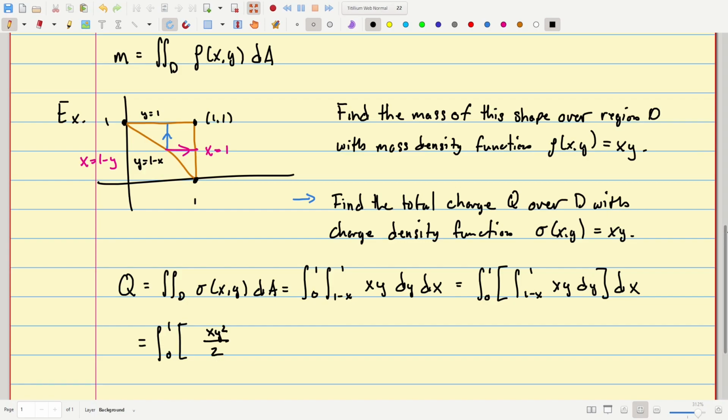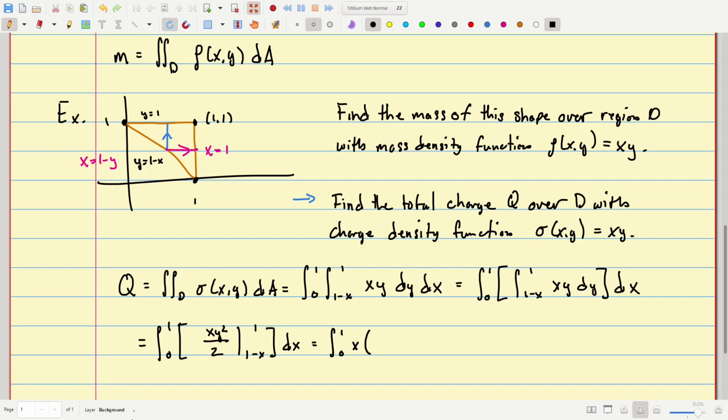There are many ways to write this expression, but we have xy squared over 2 here: increase the power by 1, divide by the new power for y, which is what we're integrating with respect to. We're going to evaluate y from 1 minus x to 1. We have a dx on the outside here.